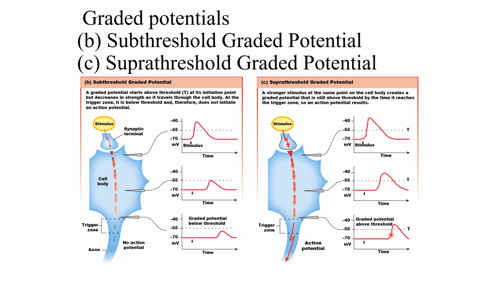It doesn't always have to be higher than the threshold, by the way. If the wave is touching that negative 55, that's still going to be strong enough to trigger an action potential. But if the strength is below the threshold, not even at negative 55, that's weak and no action potential will take place.